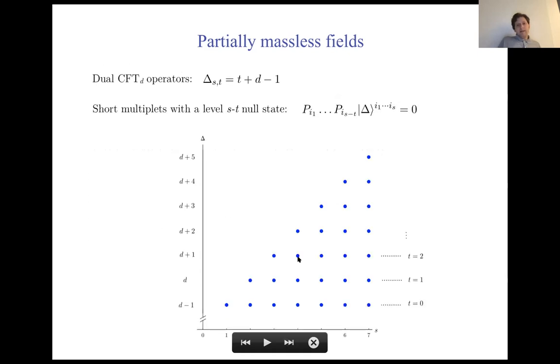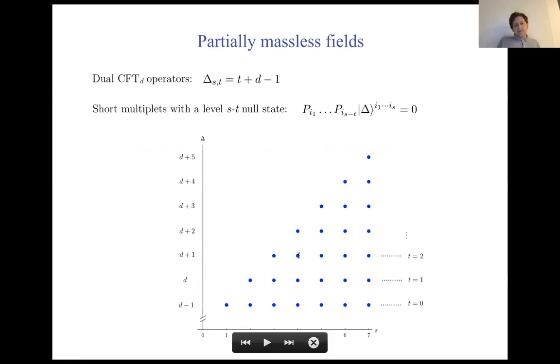So here's what the partially massless fields look like from the CFT point of view. There are these dual CFT operators at these particular values of spin and conformal dimension delta. On AdS, they all happen in the non-unitary region. On de Sitter, they are unitary.